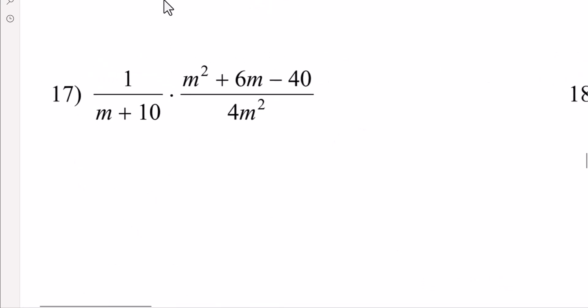All right, let's see the next one. So this one is not factored yet, so that's what you'd want to do here. Because vertically, this first part right here, you can't simplify. And we can't simplify the numerator above with the denominator because there are 3 things there. So we're going to find factors of negative 40 that add up to positive 6.